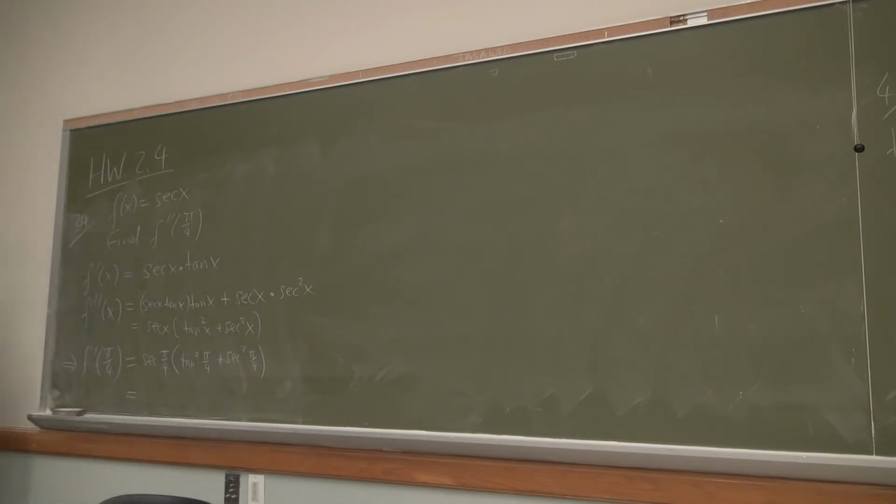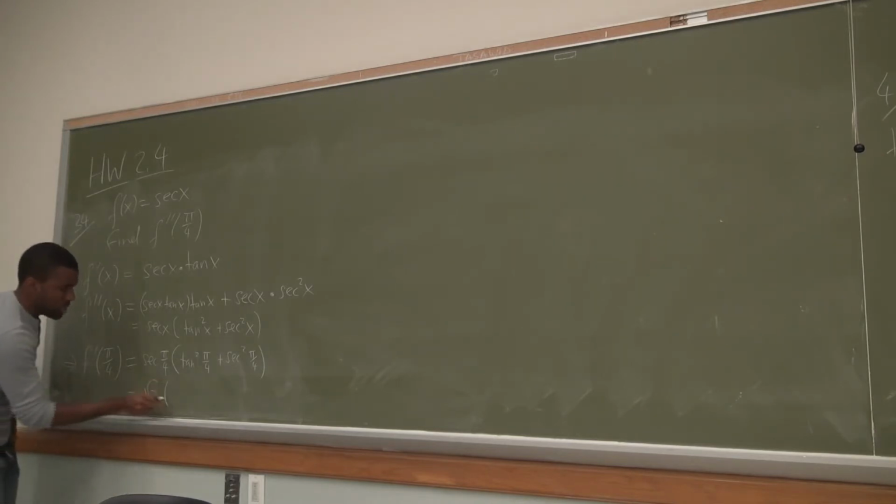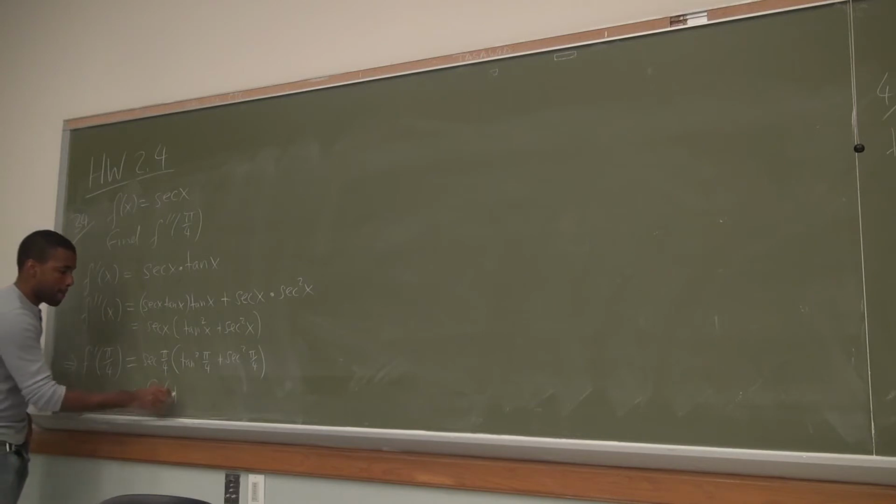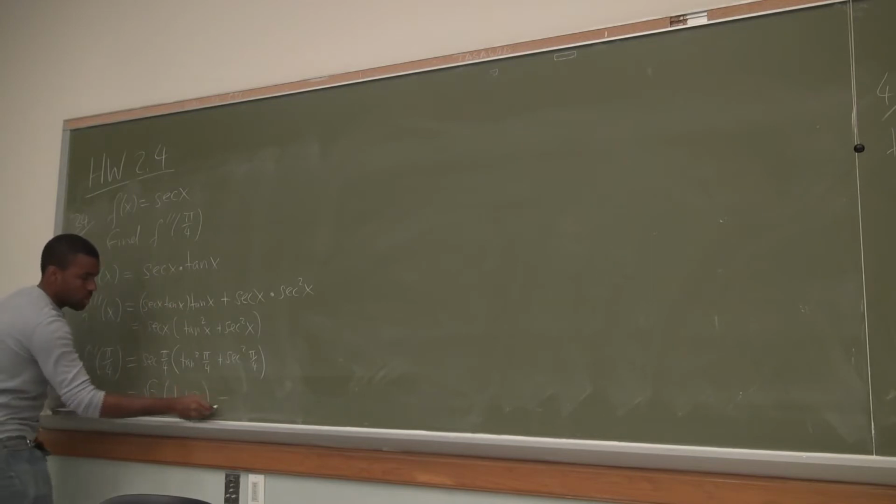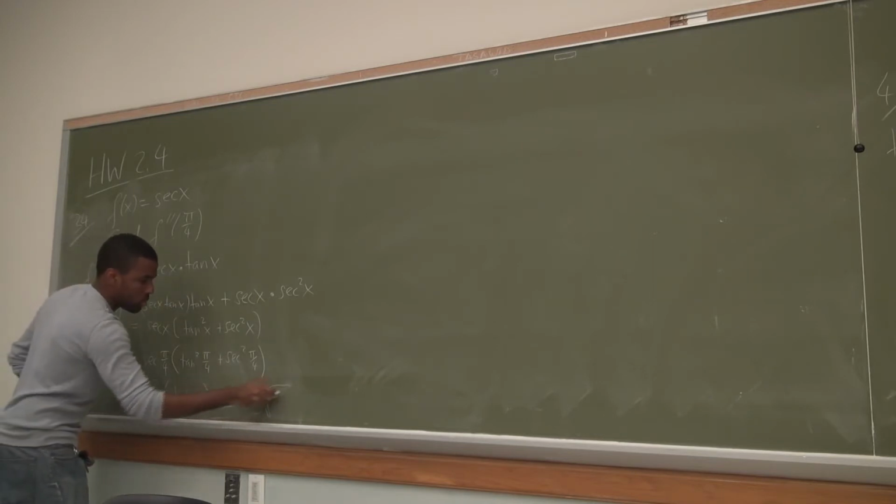So what's secant of pi over 4? Radical 2. Tangent of pi over 4? 1. And then this is radical 2 squared, right? So it's 3 radical 2.